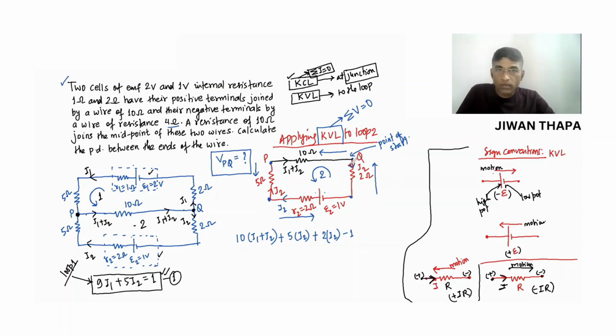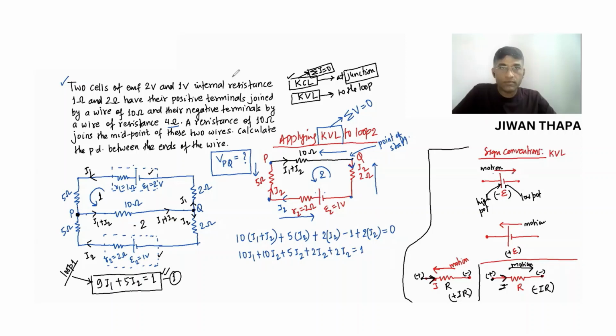I2 is moving down and we are moving up, so the product 2 times I2 is positive, and this whole sum equals 0. On rearranging, we write 10 I1 plus 10 I2 plus 5 I2 plus 2 I2 plus 2 I2 equals 1, taking the 1 to this side.